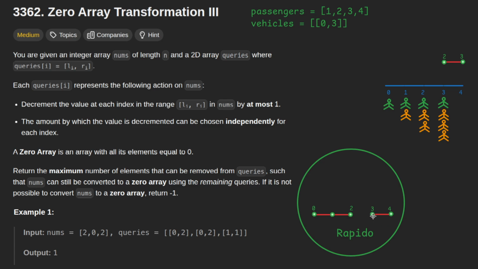So I have just one vehicle here, which is representing 0, 1, 2 and 3. We just go and bifurcate it.